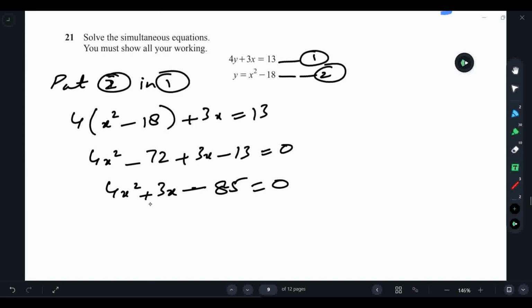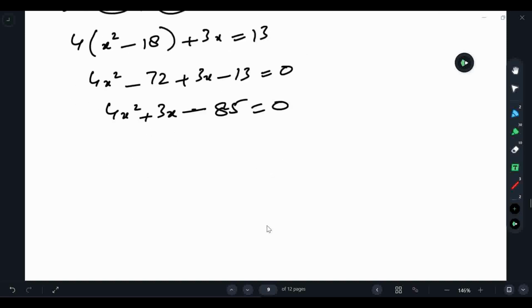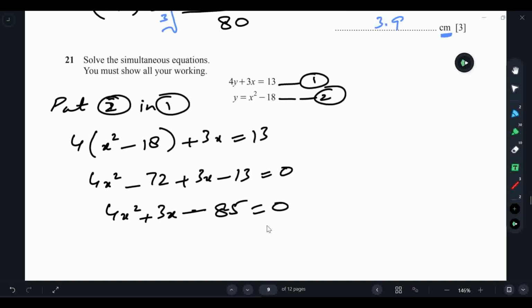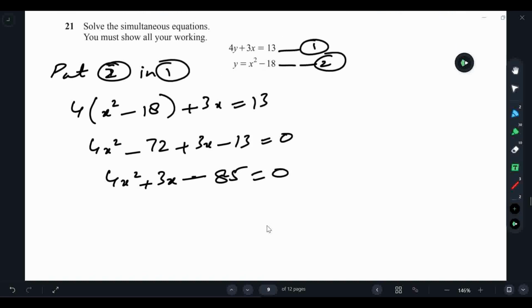Now we can use middle term breaking, or we can directly solve it simultaneously. Let me check the marks. This question is of 5 marks, so we have to show all our working. They say that you must show all your working. So we can use middle term breaking. For middle term breaking, we have to do a little work in the rough work column.